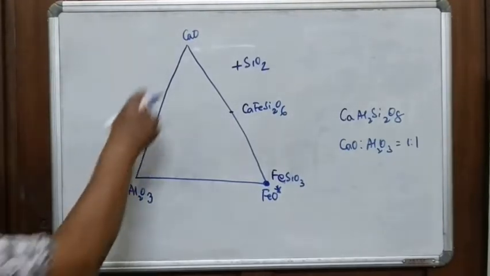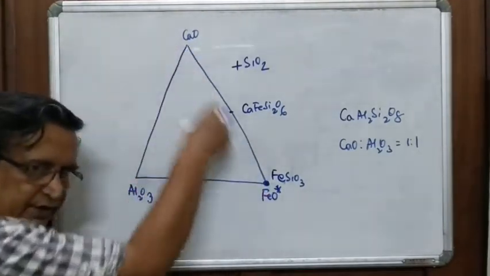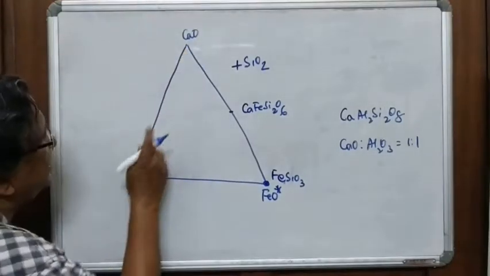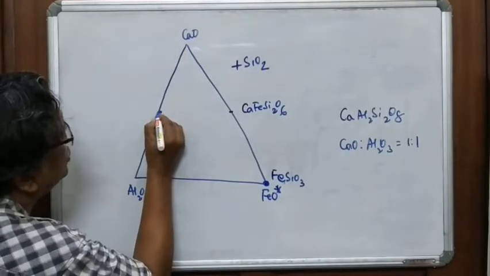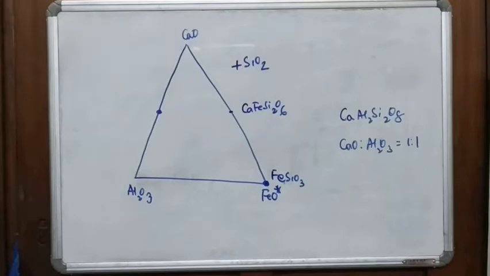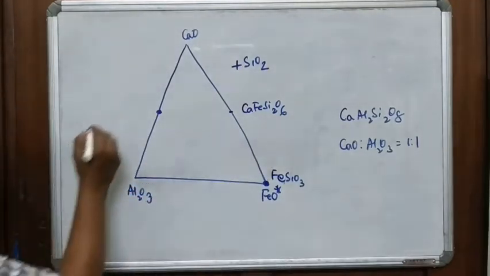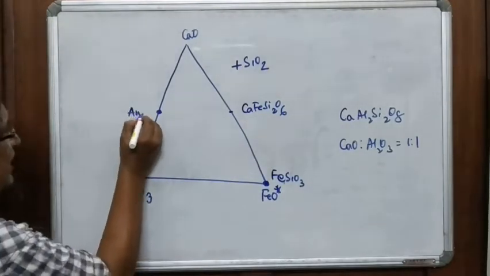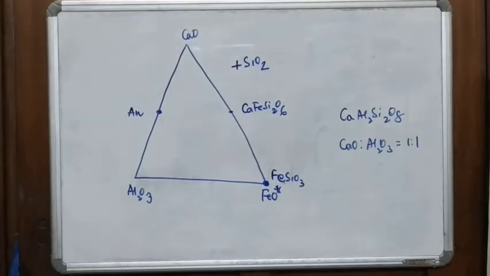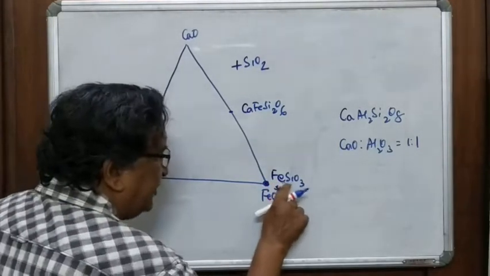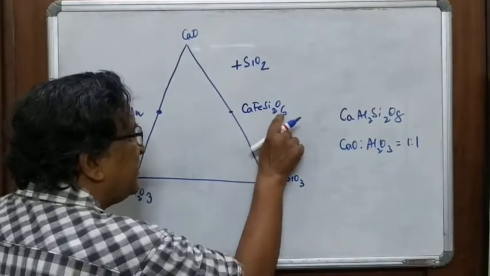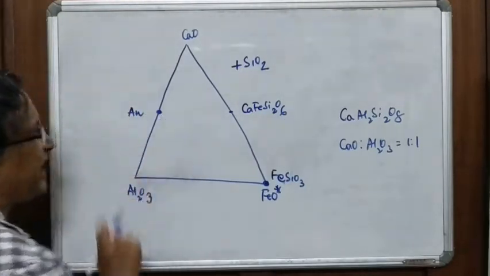These are all molar ratios, yes? So CaO and Al2O3 should plot 1:1. So this is the position of anorthite. So we have plotted FeSiO3, we have plotted CaFeSi2O6, and we have plotted anorthite.